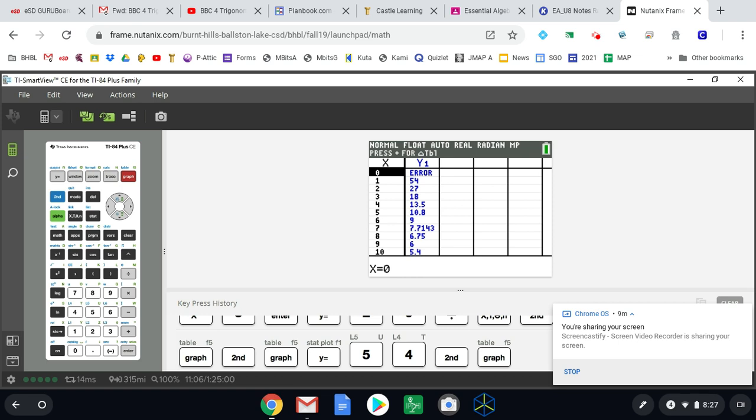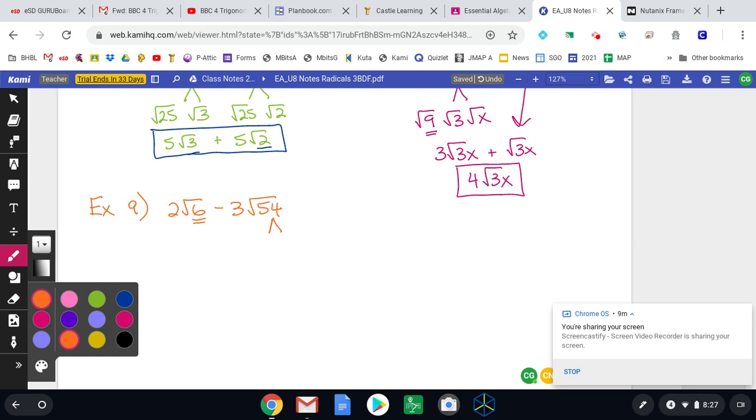Looking for the biggest perfect square that goes into 54, and I see I've got 6 times 9. So bringing this 3 down, radical 9, radical 6. Simplifying the perfect square, this is now 9 radical 6. All right, let's carry this down. So 2 radical 6 minus 9 radical 6 is going to give me negative 7 radical 6.